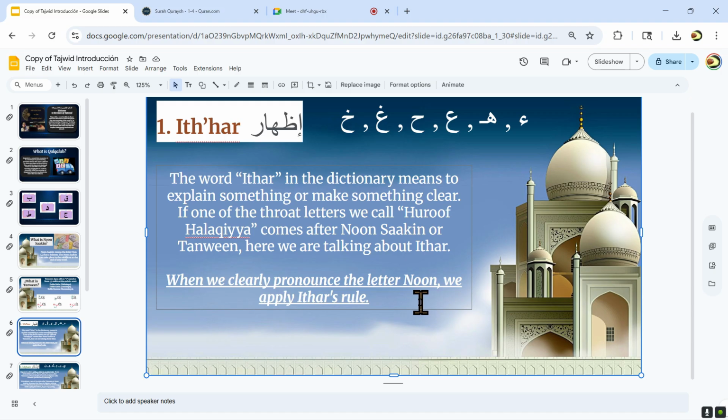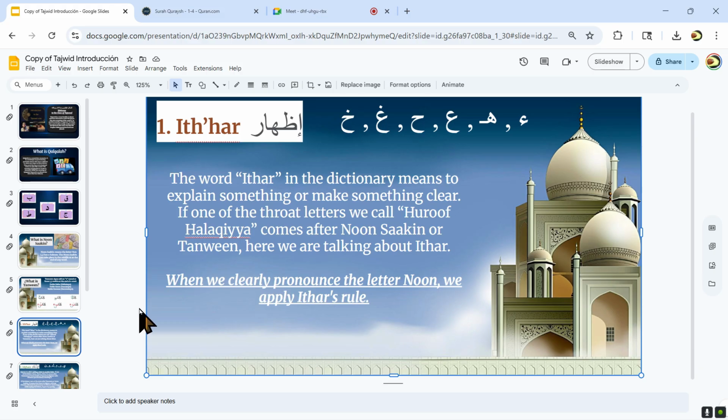In short, that's the summary. If it's not these letters, there are 3 other rules we have to look for. Whenever you see a nun with sukun, you have to apply one of these 4 rules.